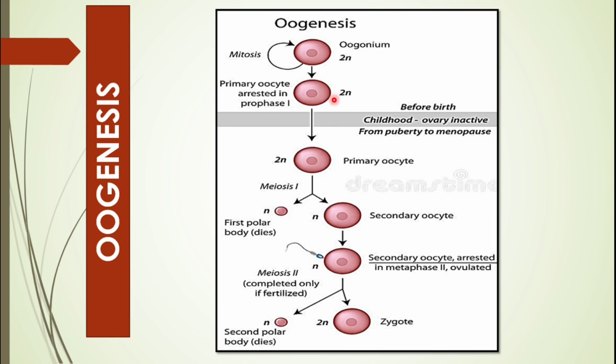Now, this process has to be understood because there may be various questions asked in your board exams. Sometimes they may say that an oogonium begins with a chromosome number, say 200. What are the chromosome numbers of the following cells, primary oocyte or secondary oocyte?